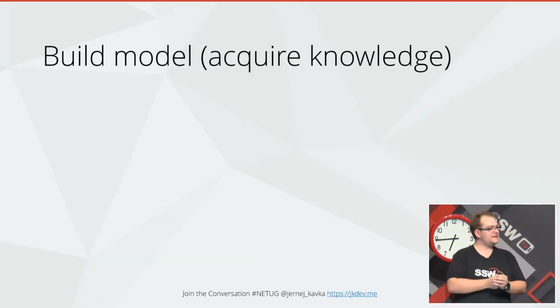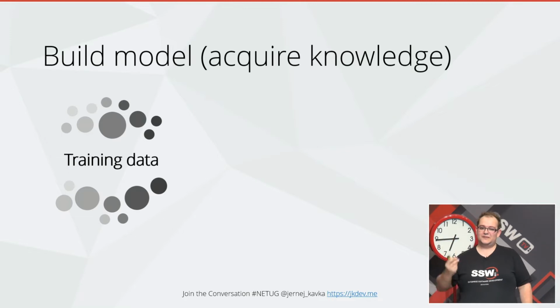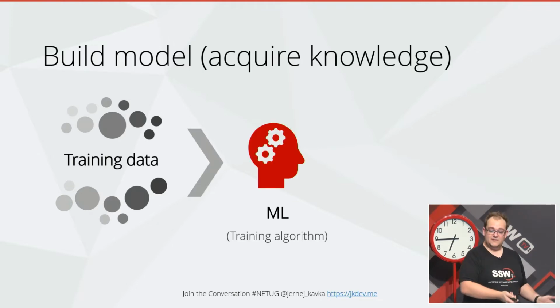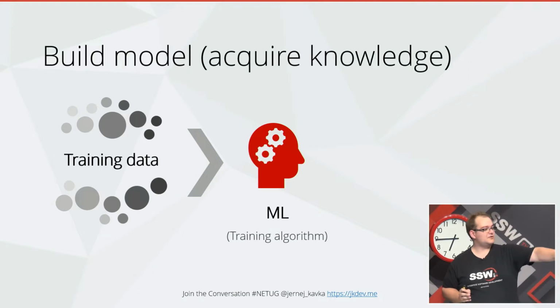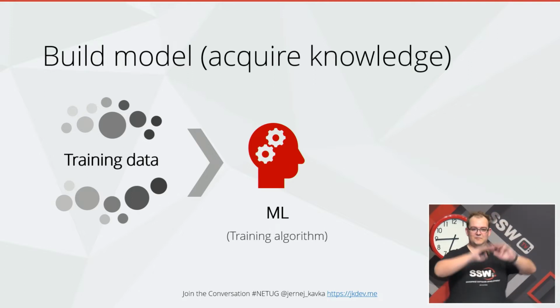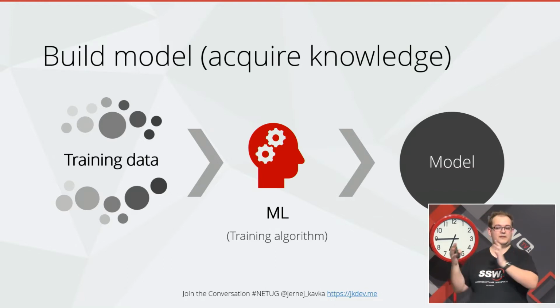So what is building a model? What is the process of it? So first, we need to start with training data. The training data is the basis of machine learning. Then we add it into machine learning algorithms. We won't touch too much into that part. It's that black box, the magic that does something with the training data, and then we get back a model.